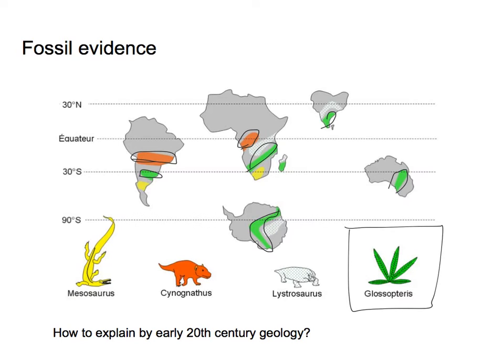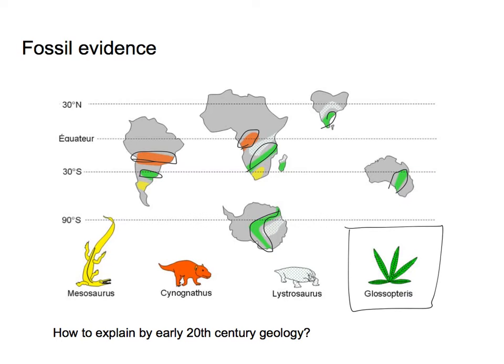Here's data that the natural world throws up. And we'll talk about how Wegener dealt with it in a minute, but put yourself in the mindset of early 20th century geologists. How would you explain this pattern?